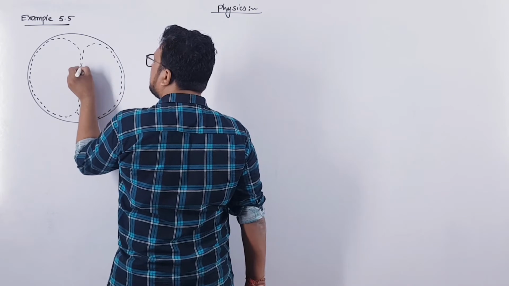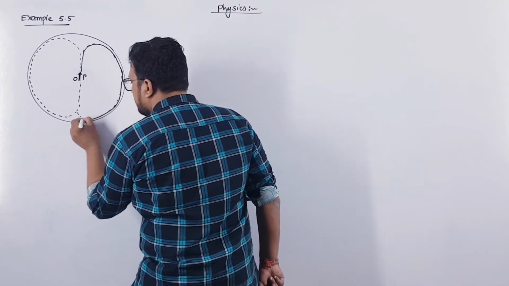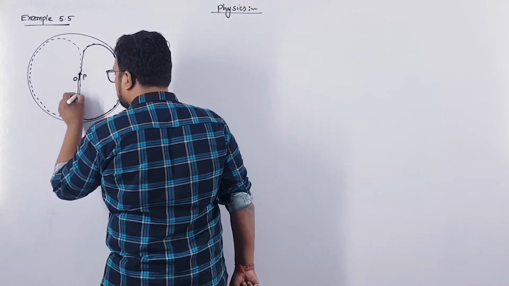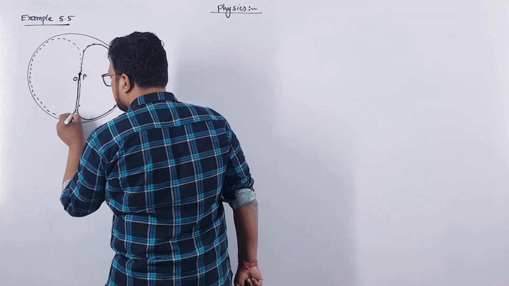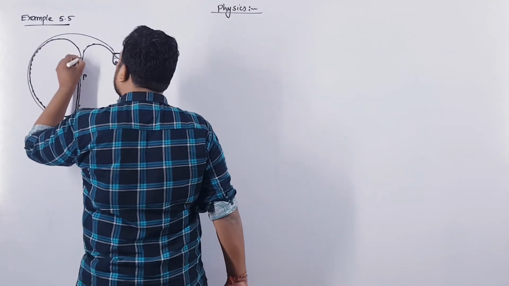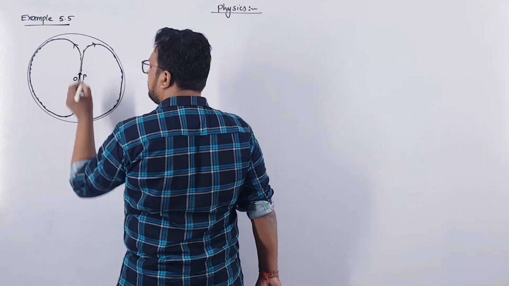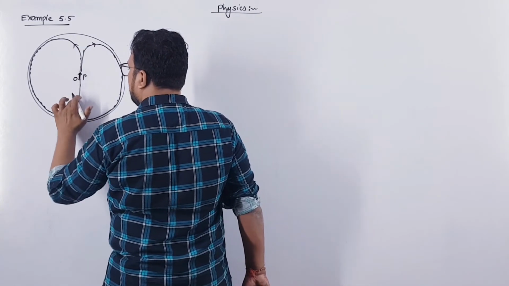If you want, you can draw it like this. This will be the direction of the magnetic field of this needle. So here the direction will be from arrow to tail.